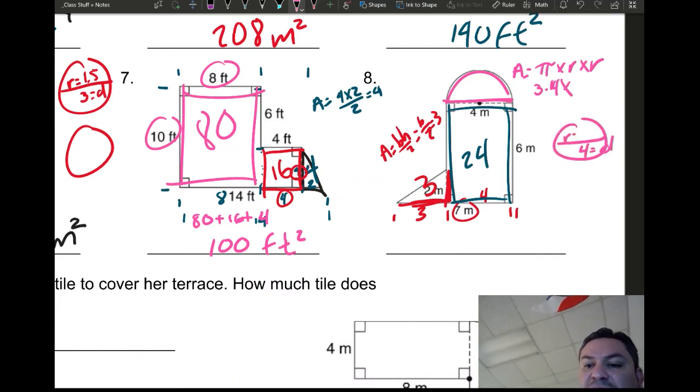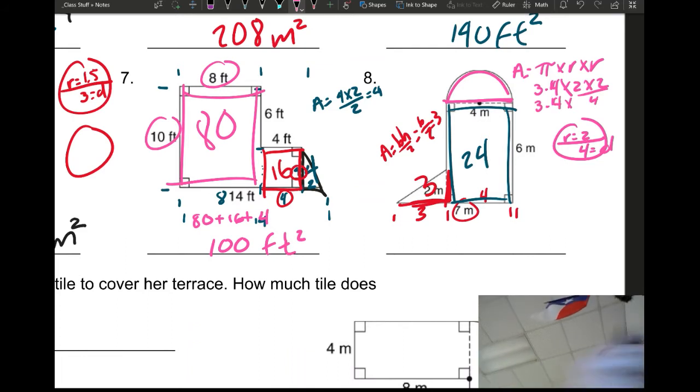So that means my radius is 2, times 2, times 2. This is 4 times 3.14, which gives you 12.56. So the area for the circle is 12.56.